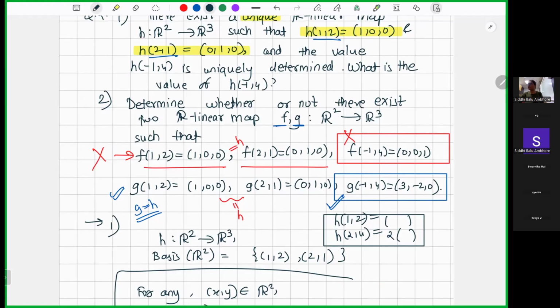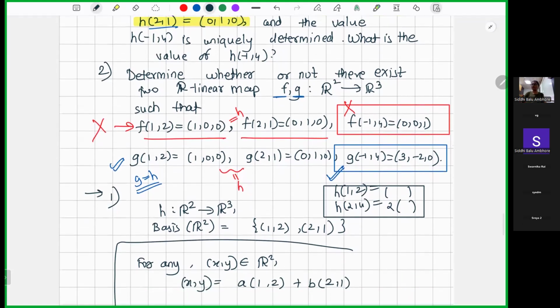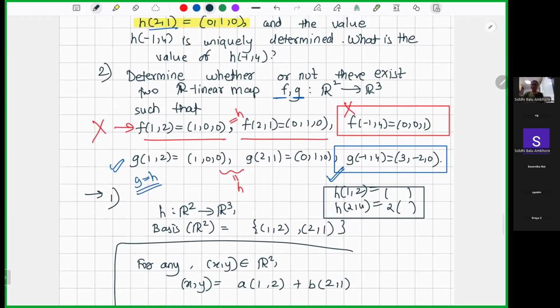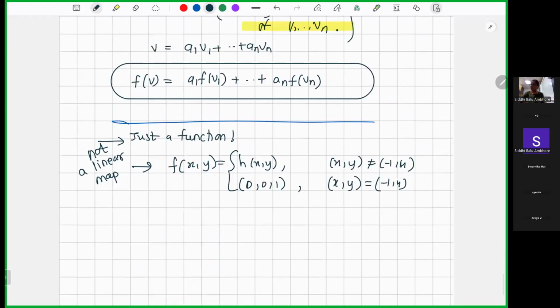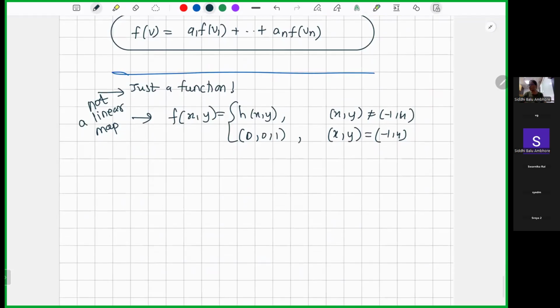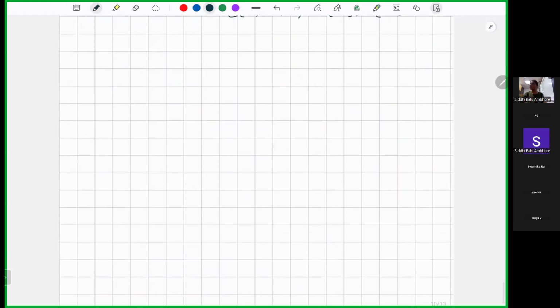I actually wanted to do this 7.2 because it is complex. We have not taken any example for complex, but let's not do it. We'll do some better question maybe.